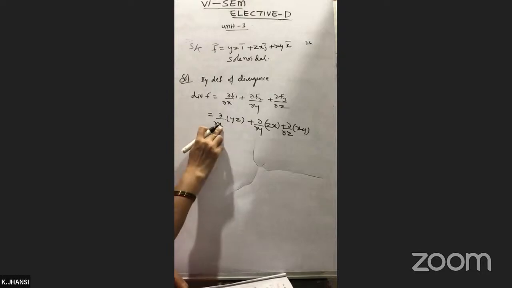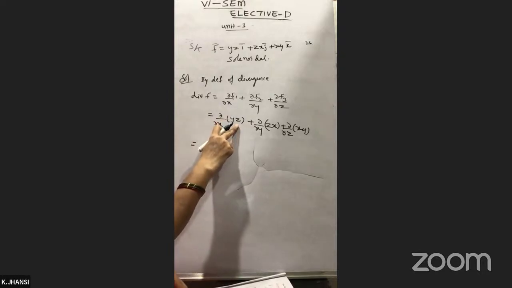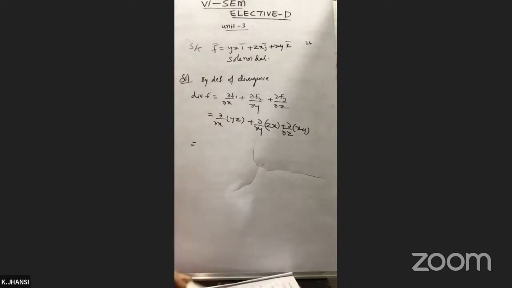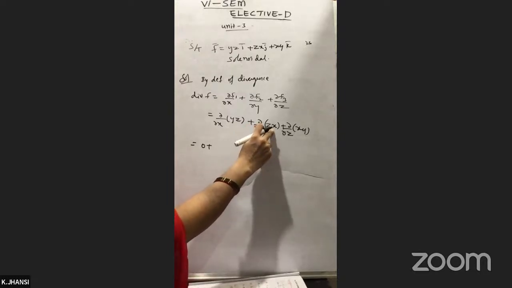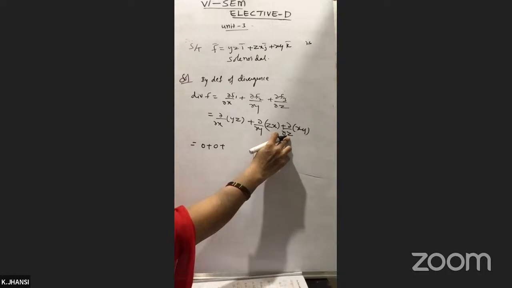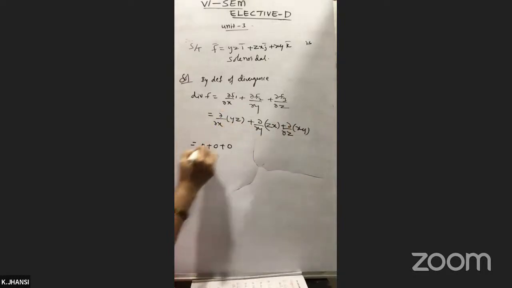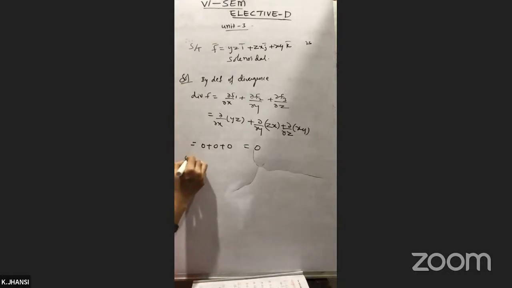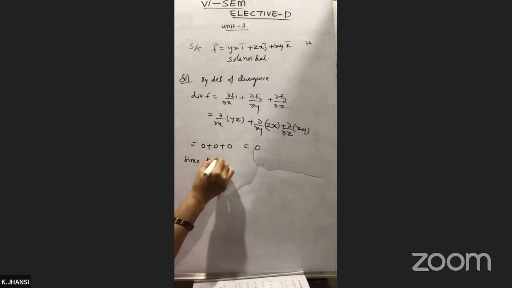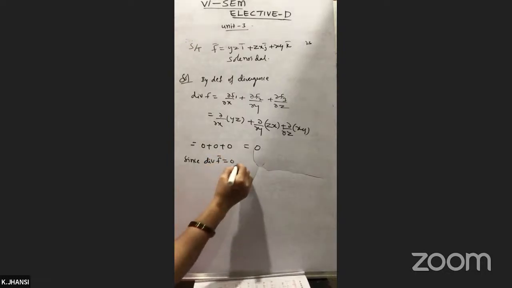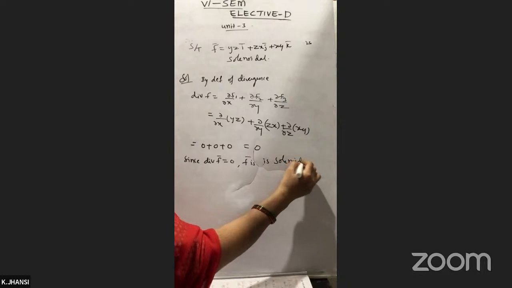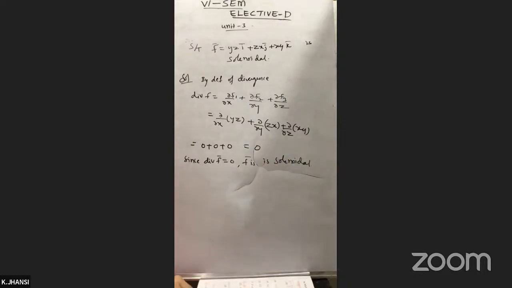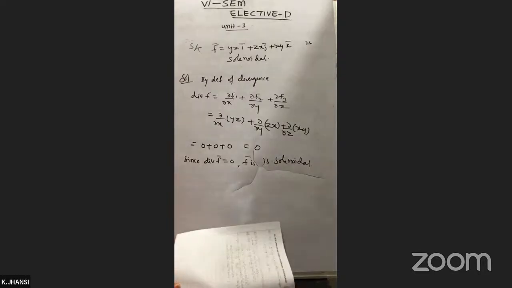Okay. Here the x variable is there, but in yz the x variable is not there, so this will become 0. Here also we differentiate with respect to y, but the y variable is not there, so it is 0. Here also with respect to z, z is not there, so 0. So this value is 0. So therefore, since divergence equals 0, f is solenoidal. So like this, you have to solve a problem.